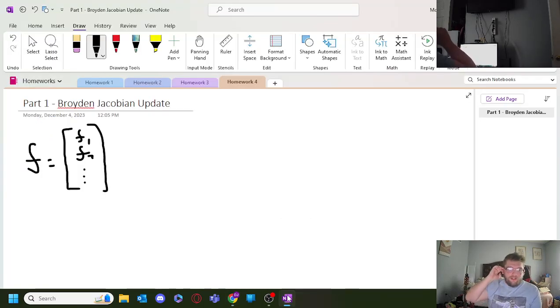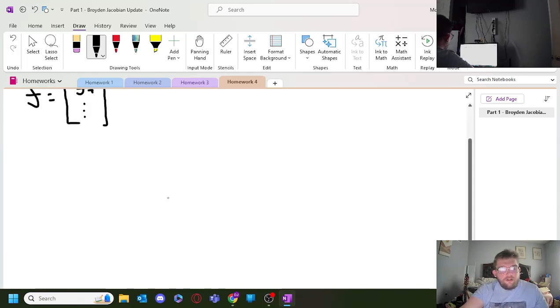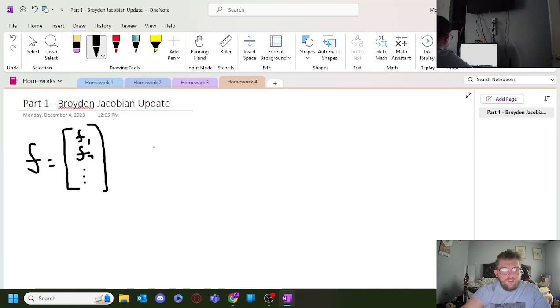And so let's go ahead and start writing this out. So f here, f1, f2, yada yada. So, just like if we were going to do Newton's, f sub k plus 1 equals the original f sub k plus the Jacobian k multiplied by the change in x, x sub k plus 1 minus x sub k.